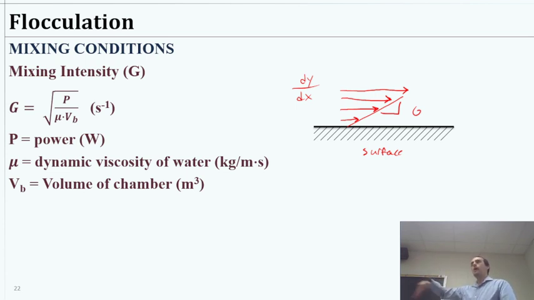So if we have a paddle mixing the water, how quickly it's moving next to the paddle, because of the force of drag, it's going to be lower next to it and higher later. So the steeper, the sharper the gradient, the more intense the mixing. Whereas if it's just about the same anyway, it's pretty slow mixing. There's not much of a gradient there.